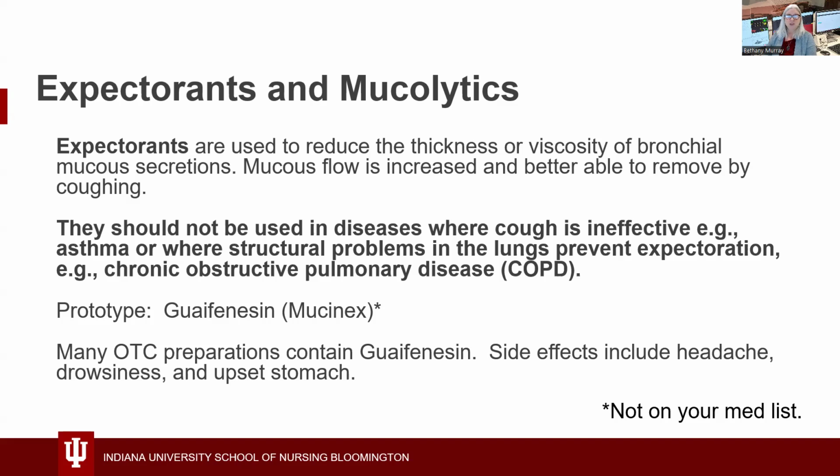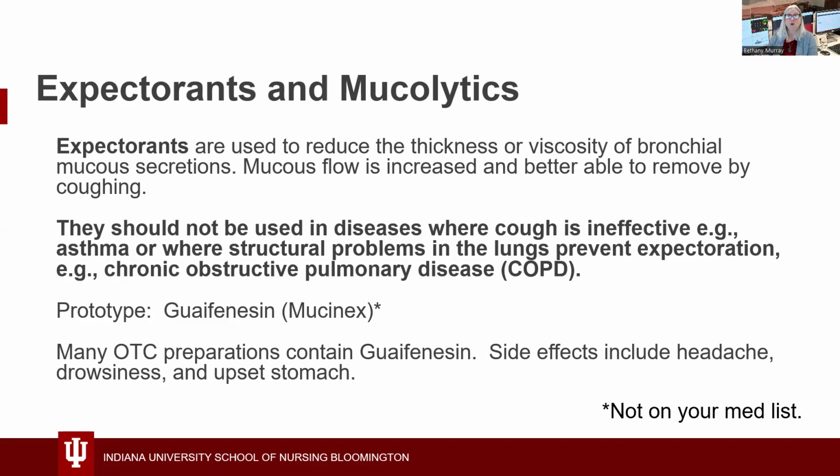You do not want to use an expectorant in a disease where a person does not have an effective cough reflex. So perhaps a stroke, a central nervous system damage that produces a weak cough, asthma, which is a constrictive airway constriction, or any structural problem in the lungs where there's airway constriction, COPD, which is a catch-all phrase for lung disease like emphysema.